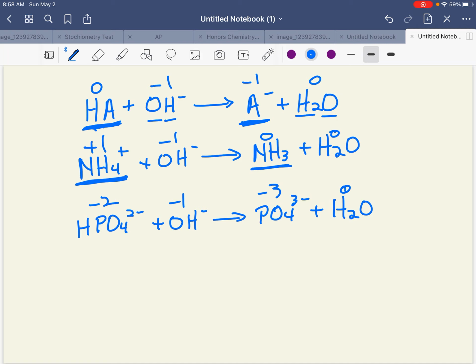And if I have a weak acid that has a negative charge, like this hydrogen phosphate is -2, the conjugate base is even more negative. Phosphate is -3, 1 less than -2. Okay, I hope this helped with writing weak acid, strong base, net ionic equations.